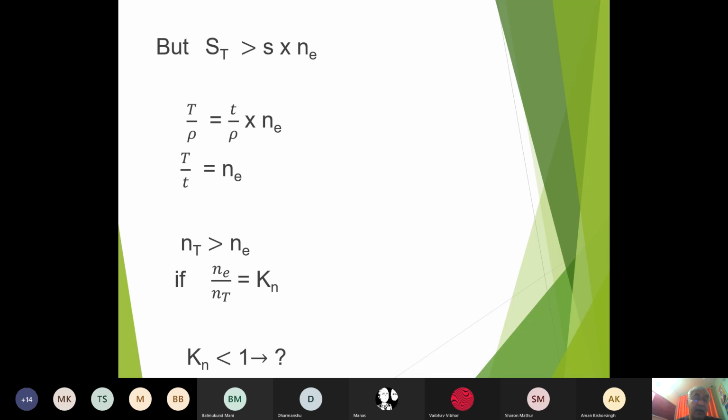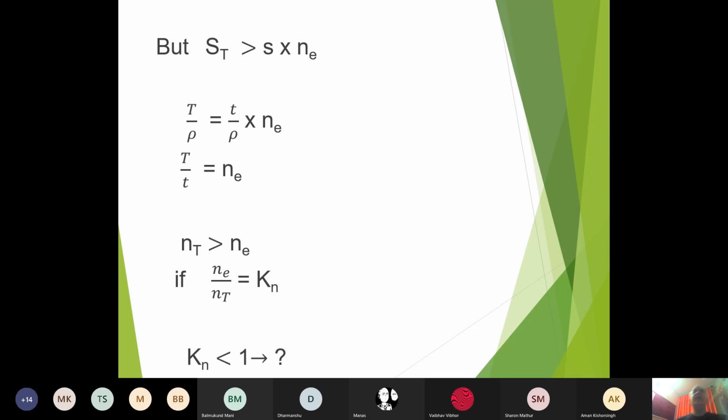So I define one factor, NE divided by NT, where NE is the experimentally measured number of fibers and NT is the theoretically calculated number of fibers in the yarn cross section. This ratio NE over NT, I'm defining as one coefficient, say Kn.